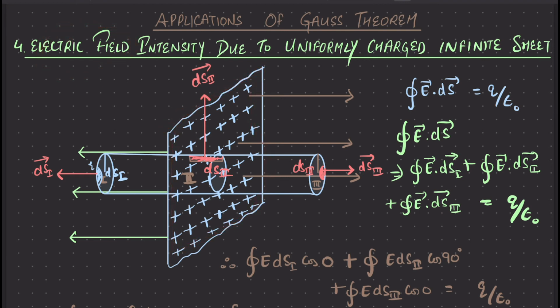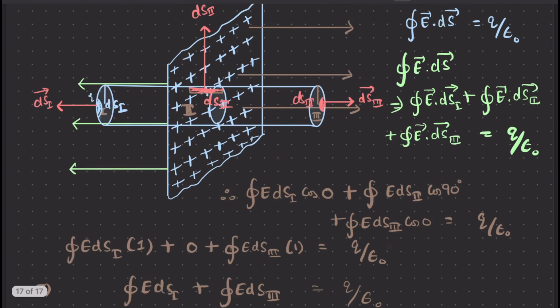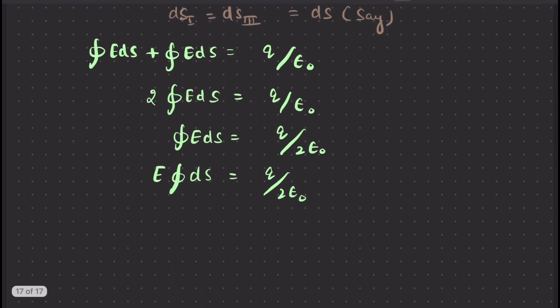Therefore we need the area of the sheet, which we represent by A, because when the sheet is divided into an infinite number of small parts we get the area of the sheet. I write integral ds as the area of the sheet, so E multiplied by area is equal to q upon 2 epsilon naught. From here I have E equal to q upon 2 epsilon naught A.